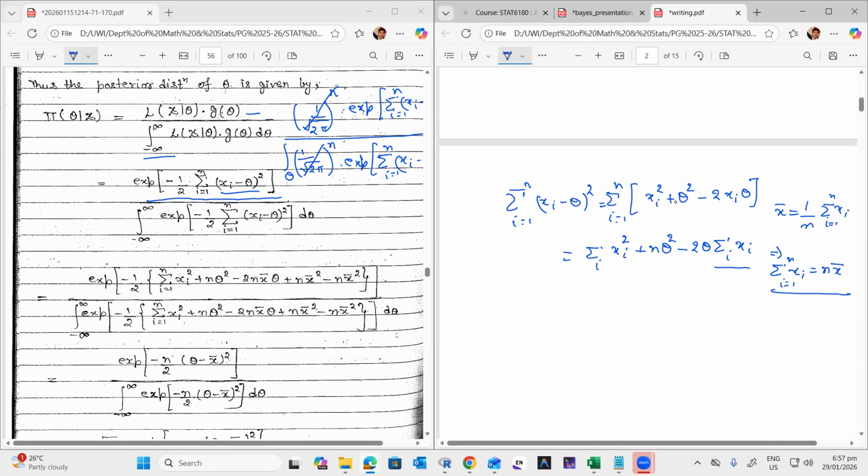So we use this relation and then we will have summation over the range of i of xi square plus n theta square minus 2 theta n x bar. The same expression we will have in the denominator.